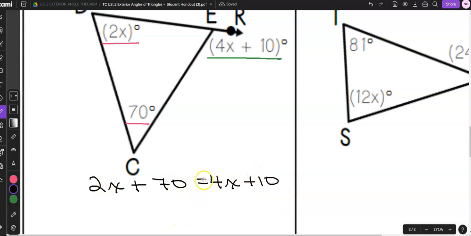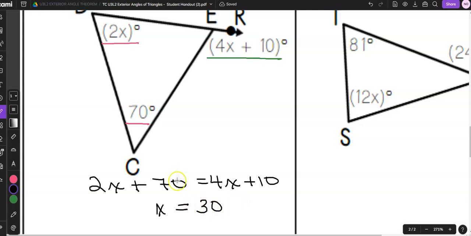Yes, good. You can solve this equation. If you solve it, you're going to probably subtract 4x from both sides, subtract 70, and you will end up with x equals 30.